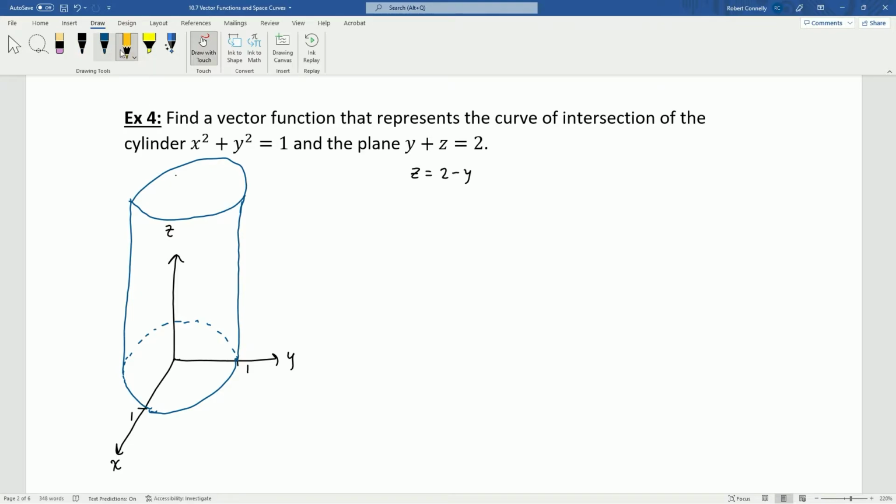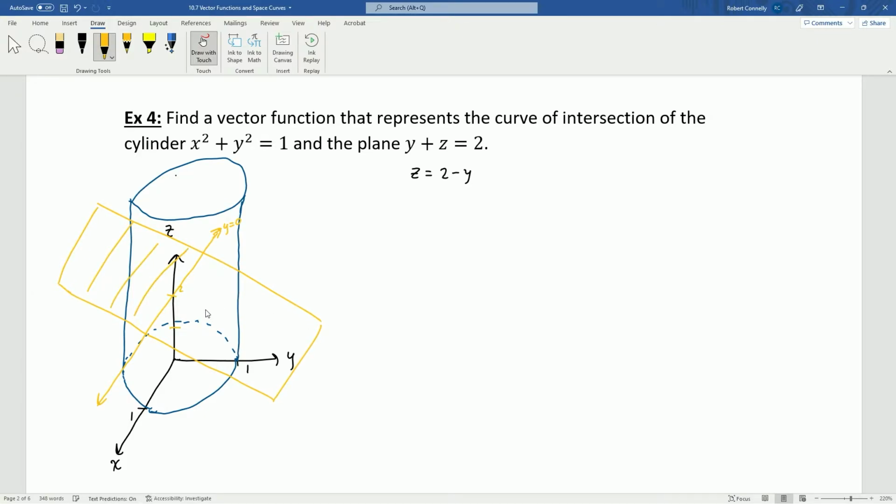So when y equals 0, we get a line that passes through here. And this is going to have a slope where z decreases by 1 as y increases by 1. So this thing here is like cutting this way.